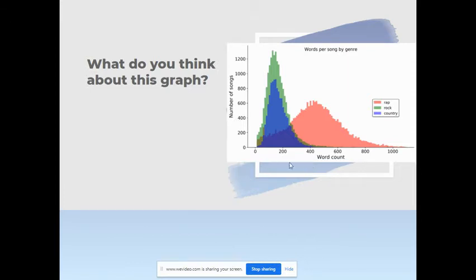That's this axis. What does the y-axis represent? According to this graph, what type of music has the most words per song on average?